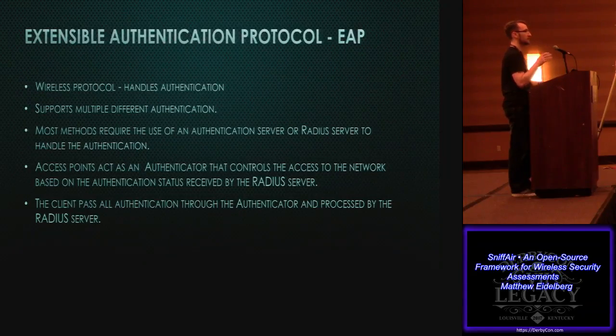The access point acts as the authenticator, passing the credentials to the RADIUS server, and that server processes the credentials. These can be credentials, like I mentioned, a pre-shared key, or even a cert. Based on the success or failure response, the access point will then allow or deny access to the rest of the network for that client.